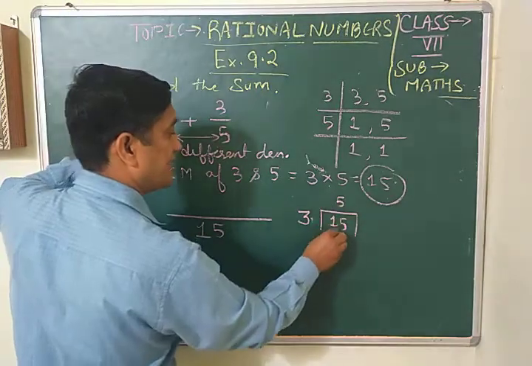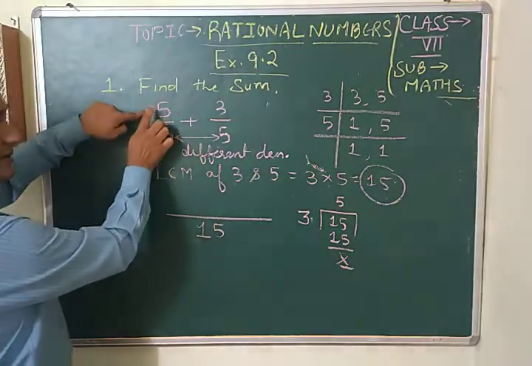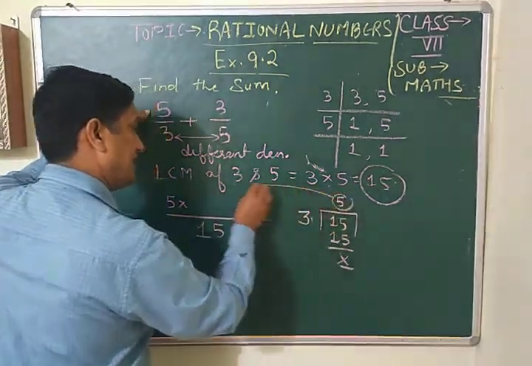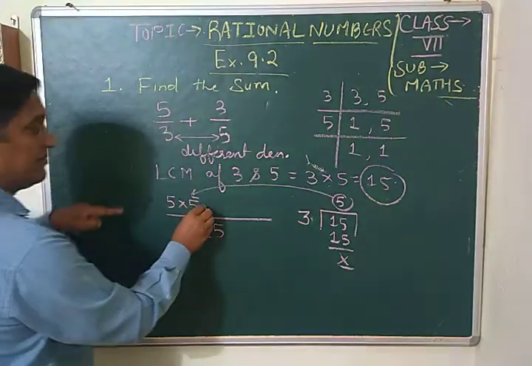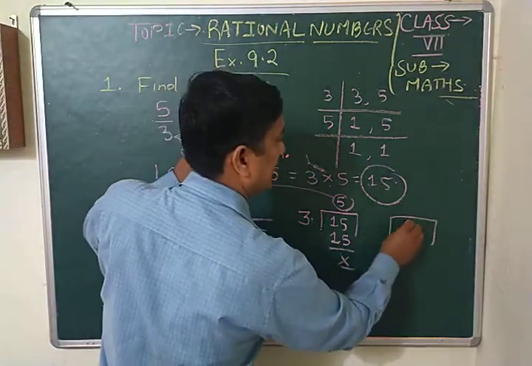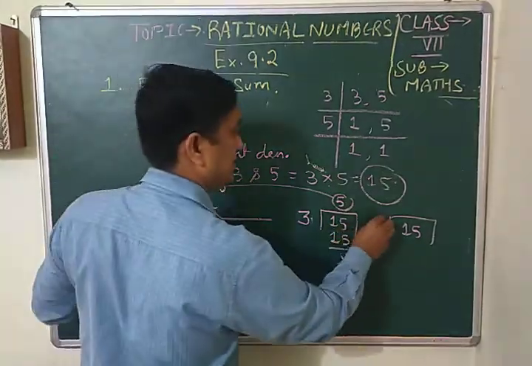3 5s are 15. Now we have to multiply this numerator by this quotient 5. Then plus, in the second step, we will divide this LCM by the denominator of the second rational number, that is 5.